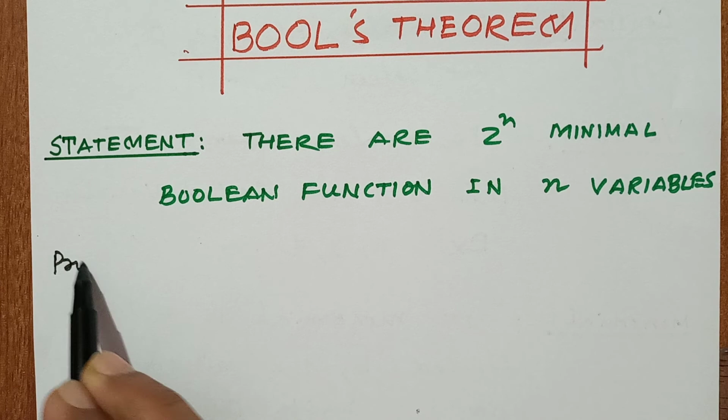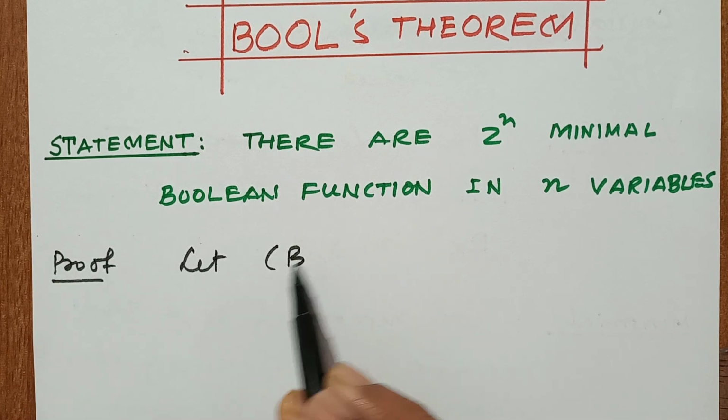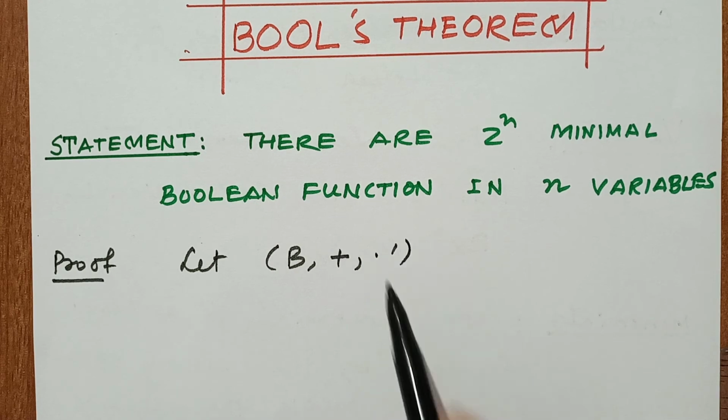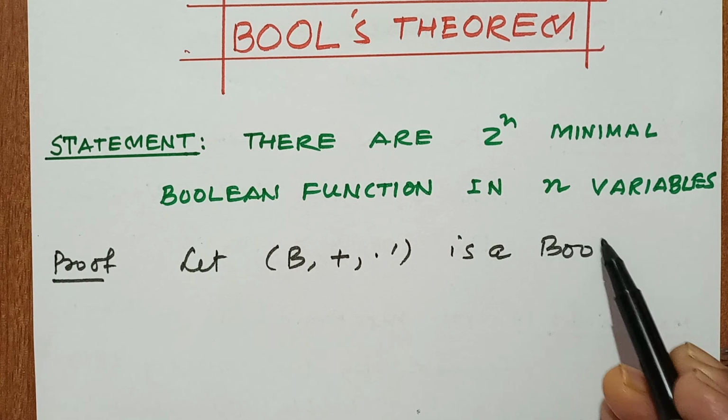Proof. Let B, plus, dot, dash be a Boolean algebra.